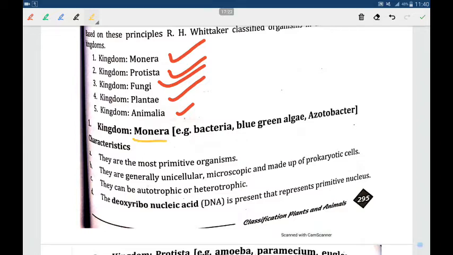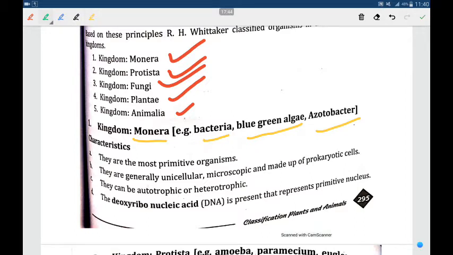First kingdom is Monera. So, which organisms belong to Monera? Bacteria, blue-green algae, and azotobacter. These are the examples of organisms that belong to Monera. Now, characteristics.